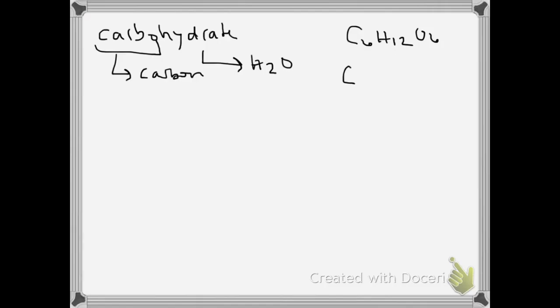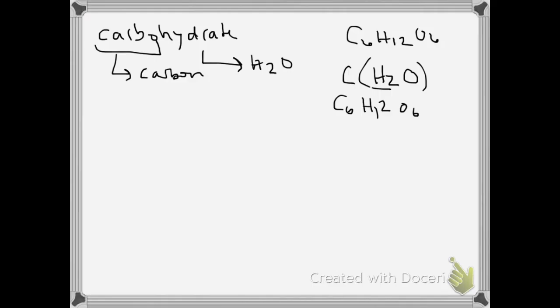You have a C, and then you have an H2O. So if I put in a number of carbons, for example C6, I know for that number of carbons I have twice as many hydrogens. So this is H12, and then again O6.